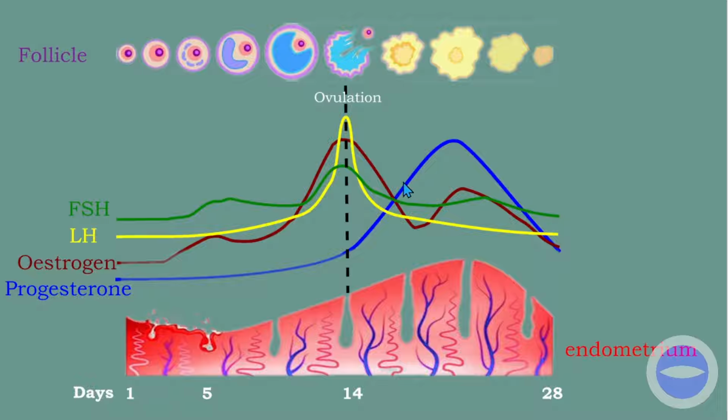As the progesterone increases in the blood, the pituitary gland decreases the level of FSH, so that we won't have more follicles to be stimulated. If progesterone is increasing, then the level of FSH is decreasing. So this is how negative feedback works. One is increasing, one is decreasing.